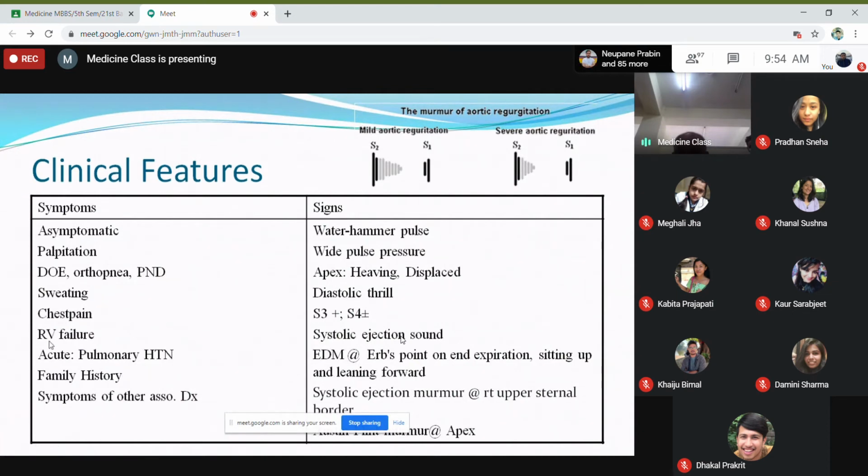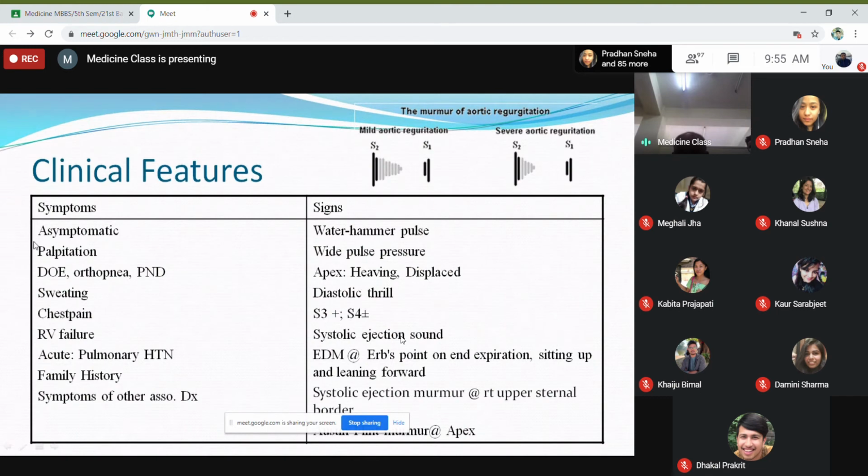Now, it's very particular about the onset of symptoms. A patient with aortic regurgitation usually starts with palpitation. The patient says, after palpitation for many years, since one year I have been having dyspnea on exertion with PND, and now I have got orthopnea. This is a very typical history of a patient who has aortic regurgitation.